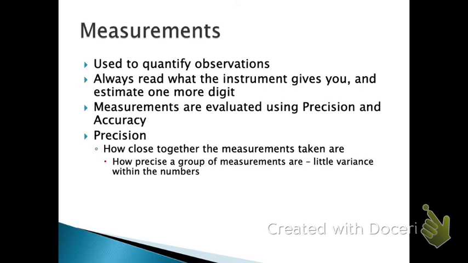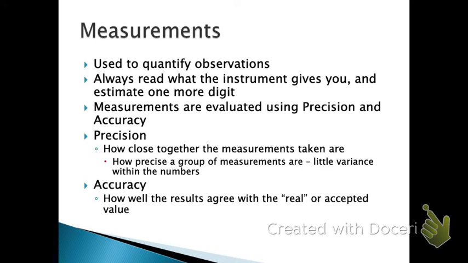And accuracy means how close they are to the actual number, the actual measurement. I don't want to use the word real. I want to use actual because they sound alike. Okay? So accuracy is close to the actual measurement.